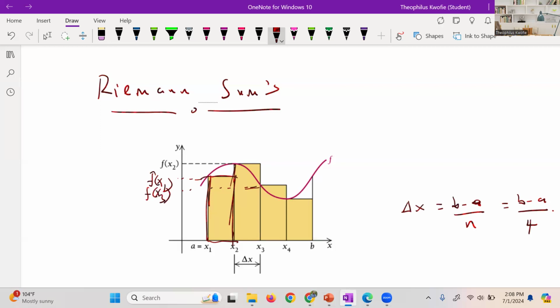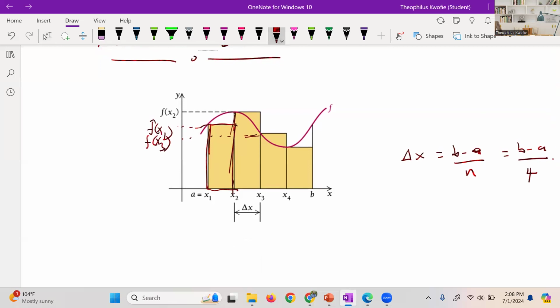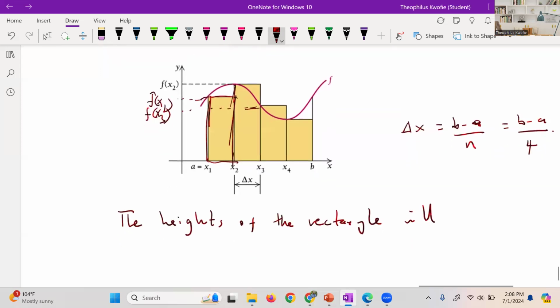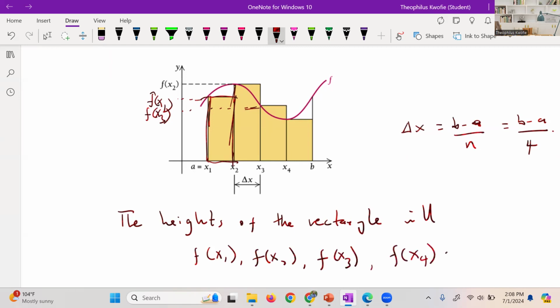So the heights of the rectangles will be f of x1, f of x2, f of x3, and then f of x4.